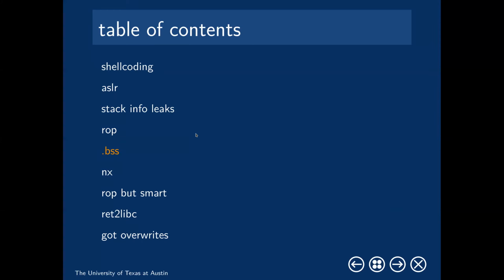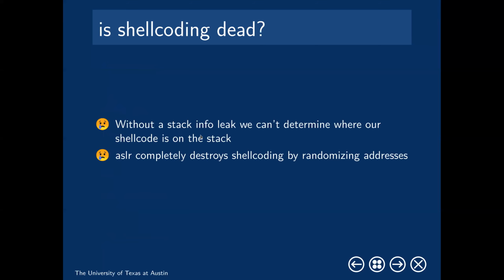So the question is, is shellcoding dead with ASLR? We can't get a stack info leak easily. ASLR seems to be completely destroyed because we can't figure out where things are on the stack.